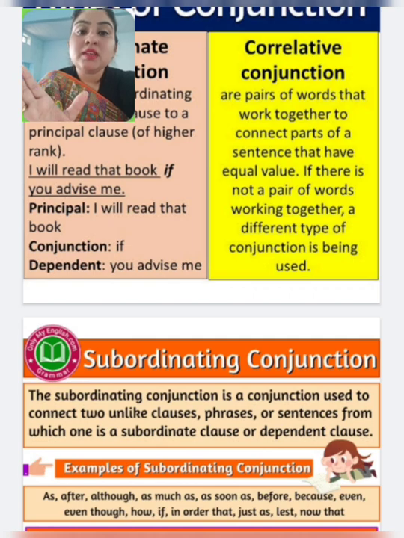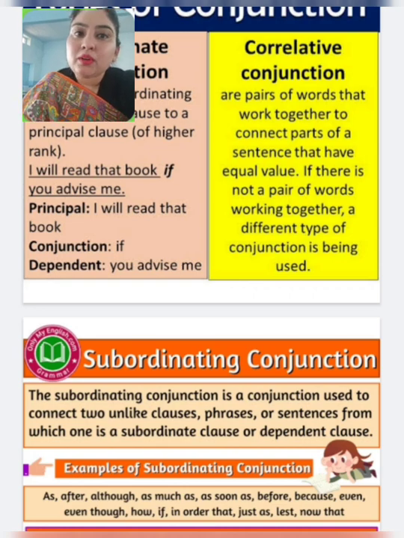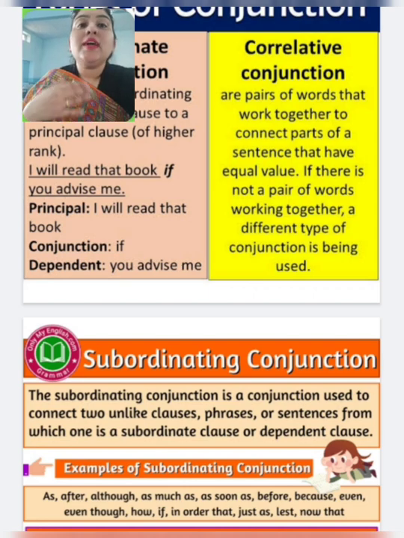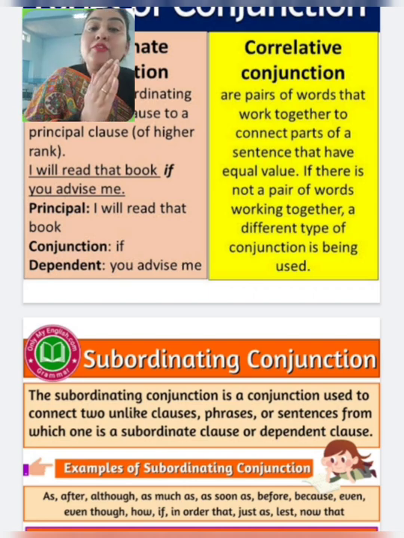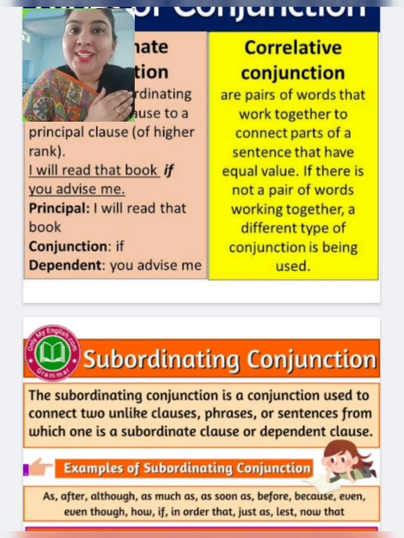Independent clause means I will read that book. Right? आपको समझ में आ रहा है? It is making sense. I will read that book. But अगर मैं बोलूँ you advise me. What advise me? For what advice you want? Right? So जब हम second half को अलग से लिखते हैं if you advise me, it is not correct.